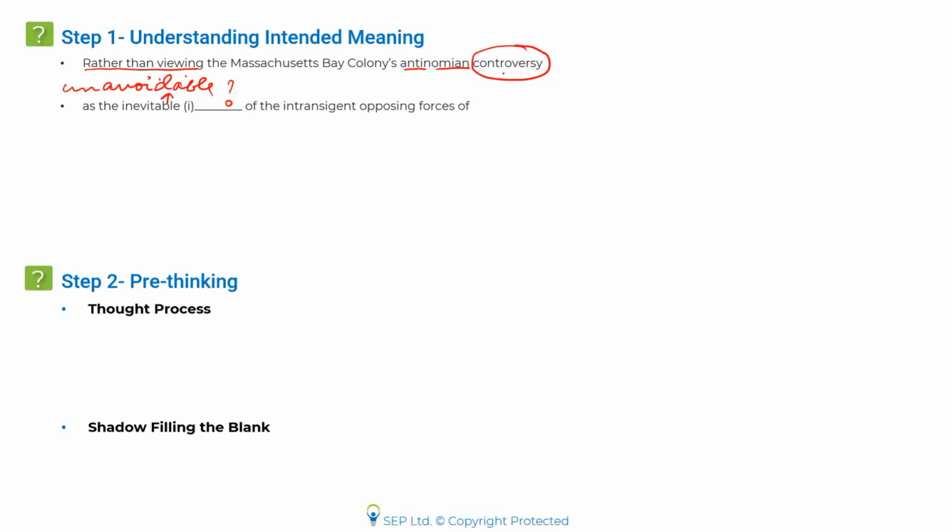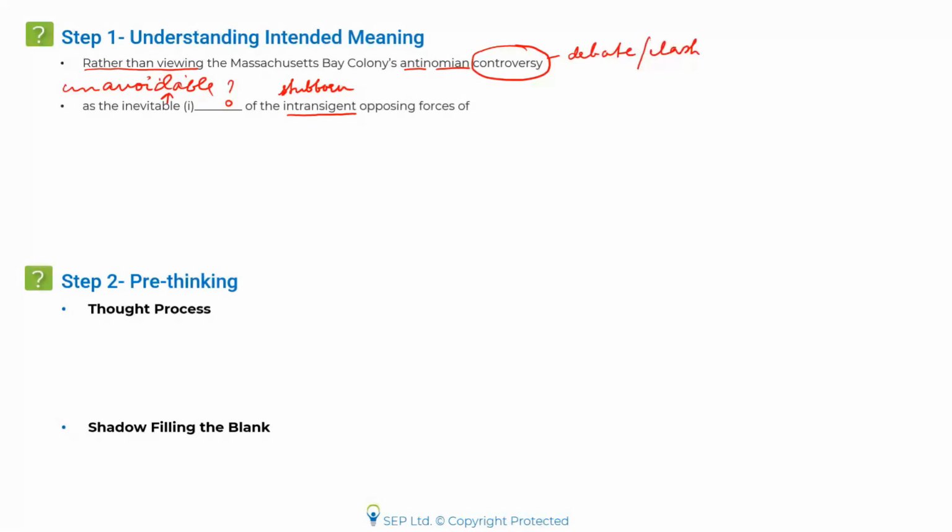Now, because it is a controversy, what can be another word for the controversy here? Because we are saying viewing the controversy as an unavoidable something of the intransigent opposing forces. Intransigent means stubborn, something that refuses to be appeased. Opposing forces. So clearly, the first blank we are looking to fill in with words related to controversy. It's an unavoidable debate or unavoidable clash, maybe.